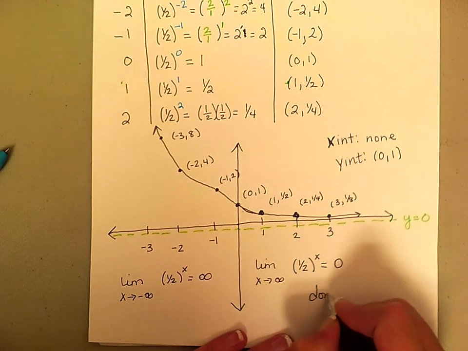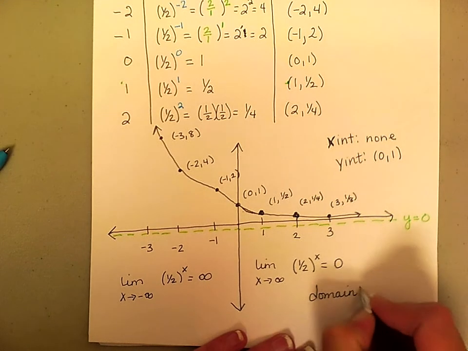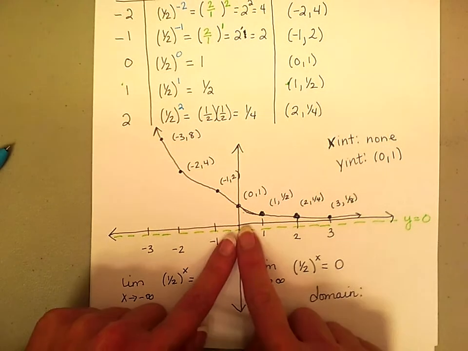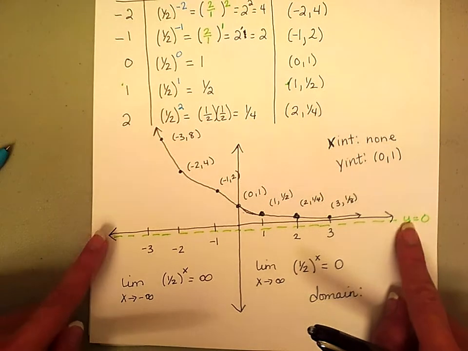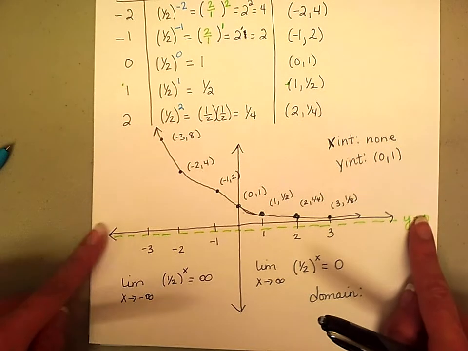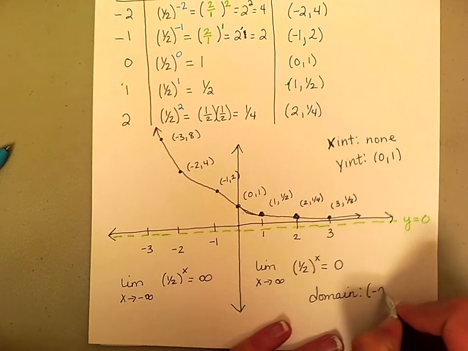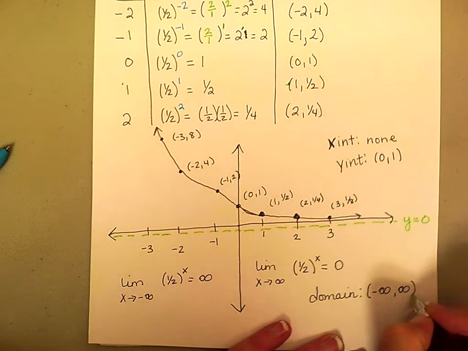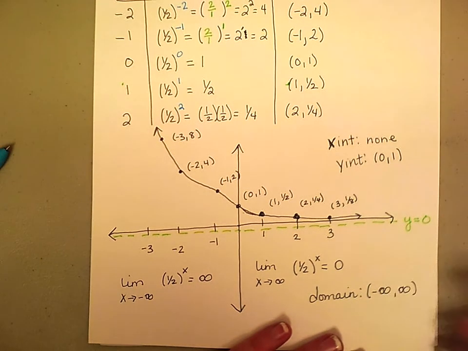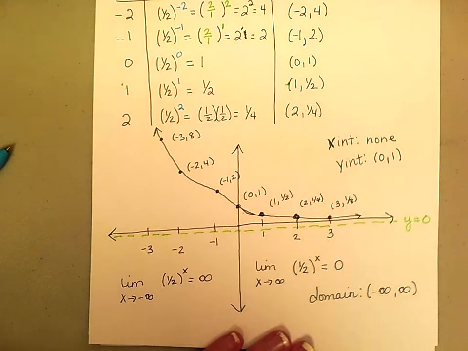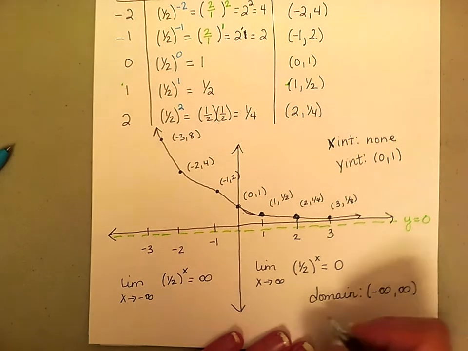We could also talk about the domain. And as I go from positive infinity to negative infinity, there is no value of x to exclude, so the domain is all real numbers, which was the same as 2 to the x.